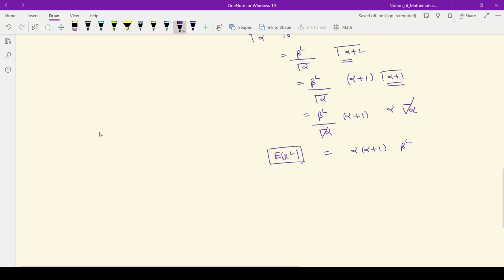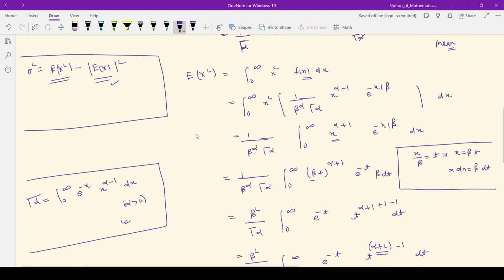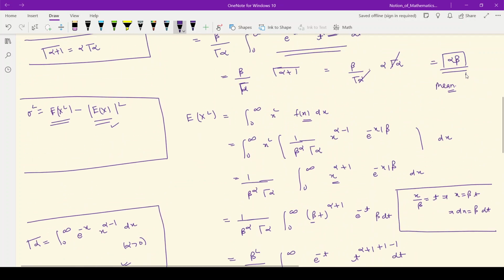Now on the basis of this expectation of x square and the value of the expectation of x, we can easily find the variance, which is the expectation of x square minus the expectation of x whole square. I am utilizing this value here. This value is alpha plus 1 beta square, and the expectation of x, this value we have already evaluated, the mean, that was alpha beta.